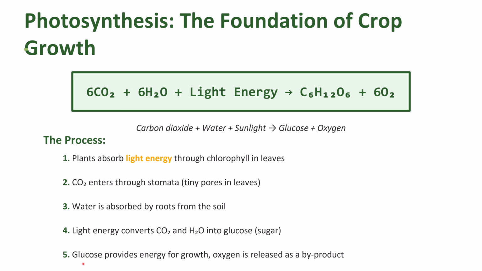Fourth is conversion. The light energy triggers a reaction that turns the carbon dioxide and water into glucose sugar. Fifth, the result: the glucose provides energy for growth. Oxygen is released as a byproduct. Without this process, agriculture simply wouldn't exist.